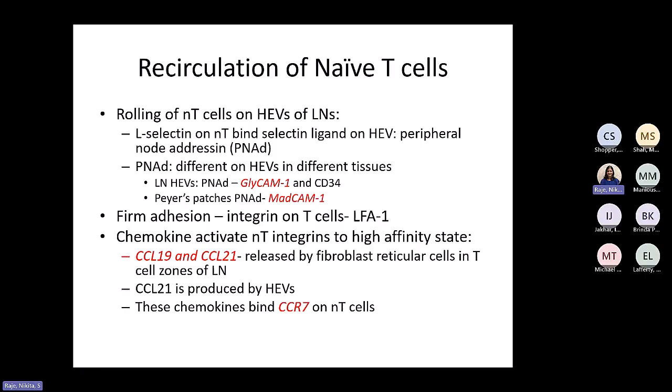So the FRCs in lymph nodes produce CCL19, CCL21. So the naive T cells that express the chemokine receptor CCR7 on their surface get attracted to the T cell zone where CCL19 and 21 are produced. CCL21 is also produced by HEVs. That's how the T cells enter the lymph node, and then they move towards the T cell zone.